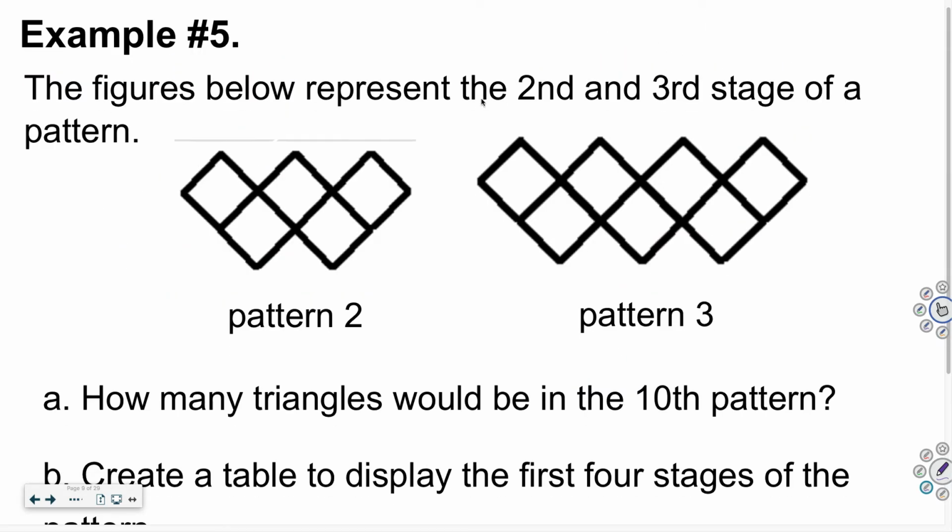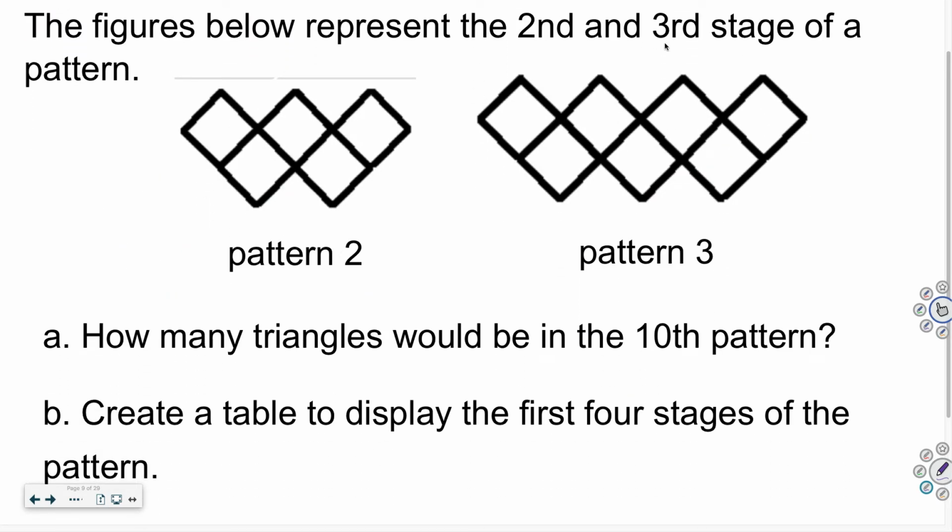Okay, number 5. The figures below represent the second and third stage of a pattern. Okay, so the easiest thing to do is count 1, 2, 3, 4, 5, 6, 7. So it'd be 7 for stage 3, and stage 2 would be 1, 2, 3, 4, 5.